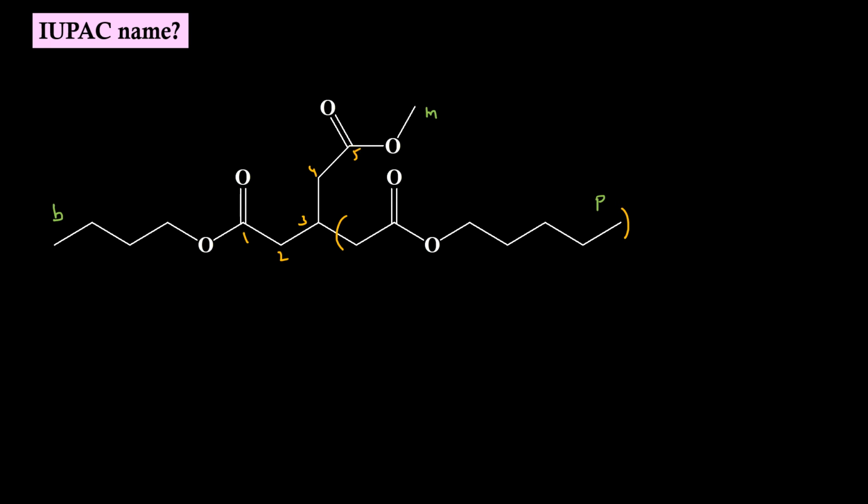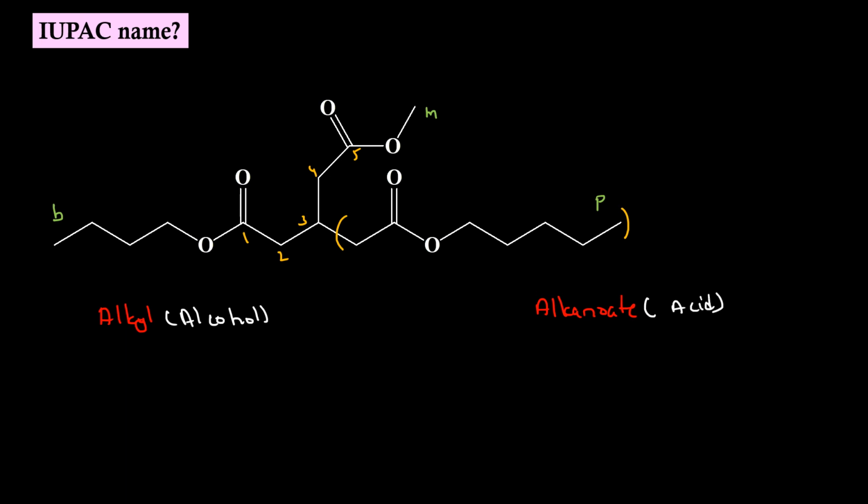Now coming to the IUPAC name, we know that an ester IUPAC name has 2 parts. One is alkyl and the second one is alkanoate. Alkyl will be the alcohol part and alkanoate will be the acid part.